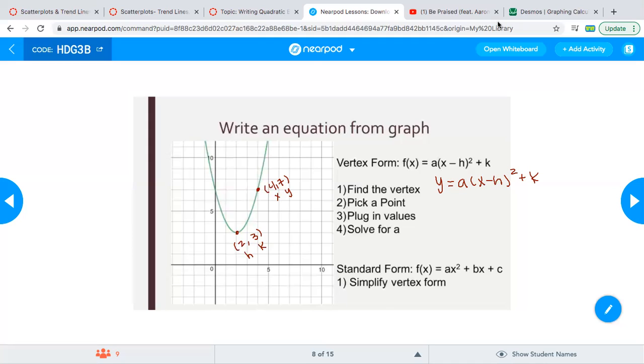I just want someone to tell me how to start this. We're gonna start with 7 equals A, and for parentheses, 4 minus 2, opposite, squared plus 3.